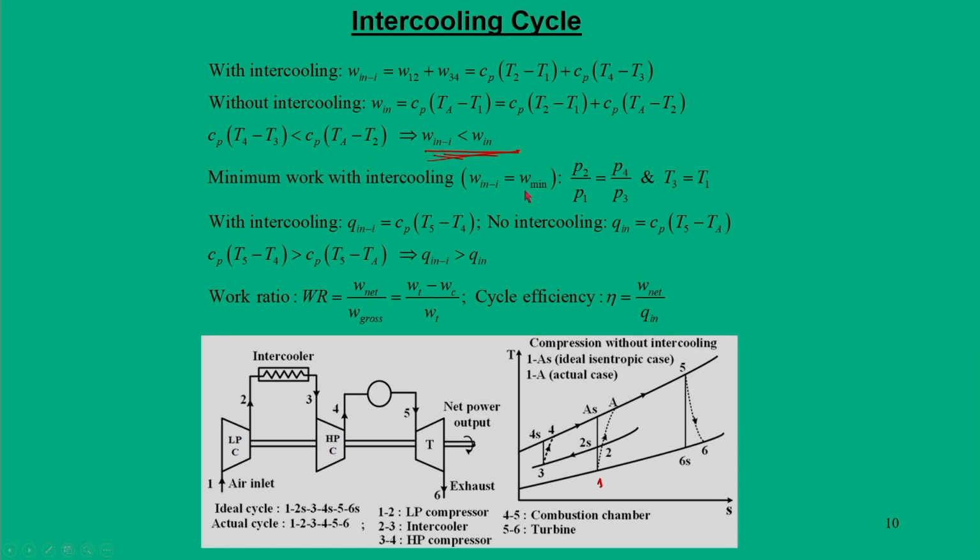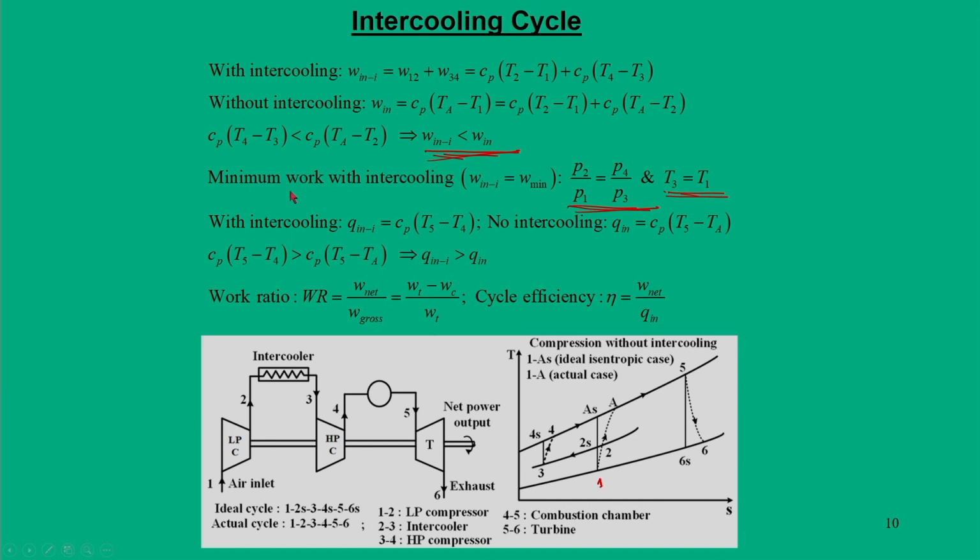That means this work is minimum when the pressure ratio in each stage is equal. So, when the pressure ratio in each stage is equal, after each stage of compression the temperature must be brought back to its original temperature, that means T3 must be equal to T1.